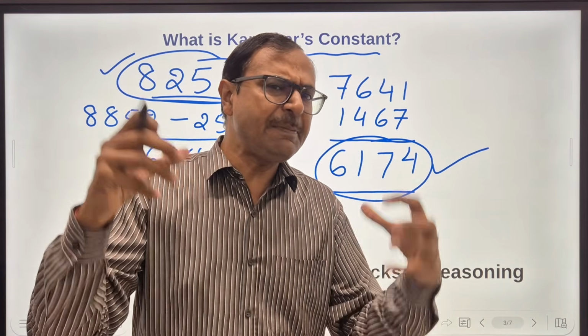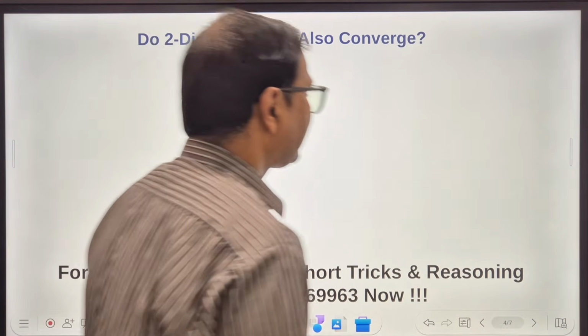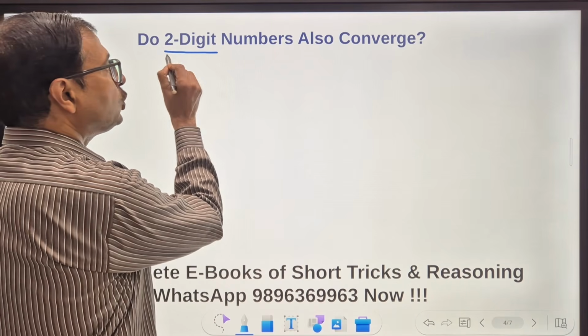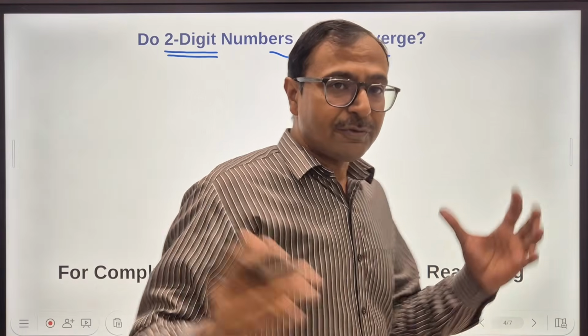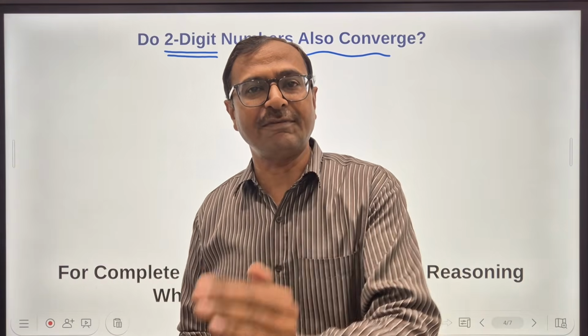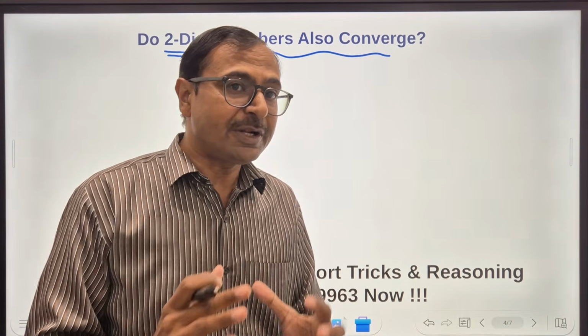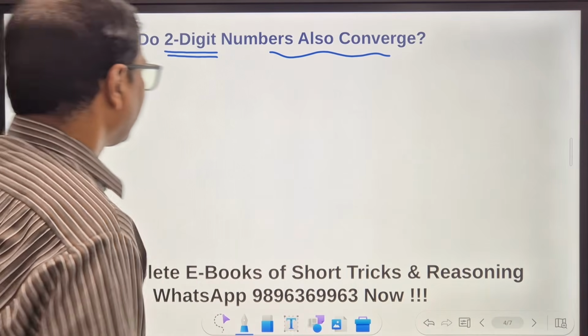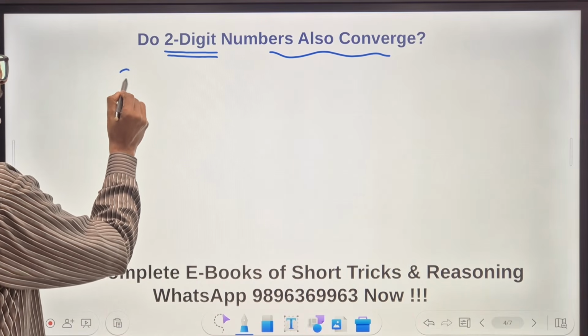Now let's dig deep into the concept and check whether even 2-digit numbers also converge to the same number, like 4-digit numbers are converging to 6174. Do the 2-digit numbers converge? Let's check. Suppose we have a number like 38.